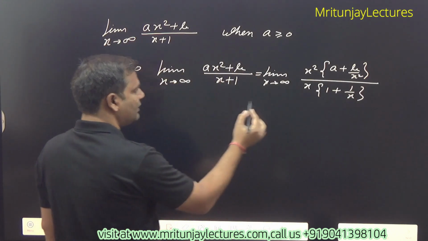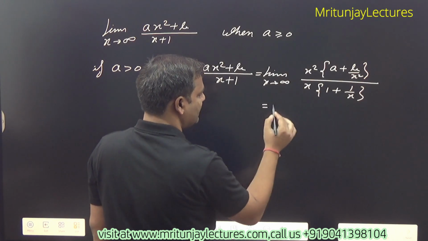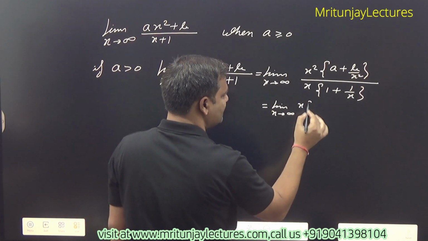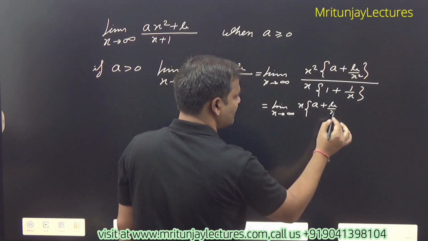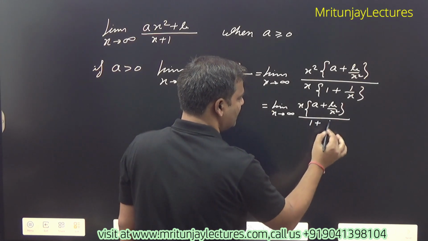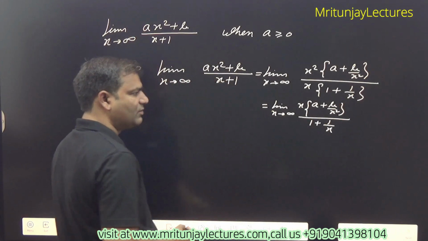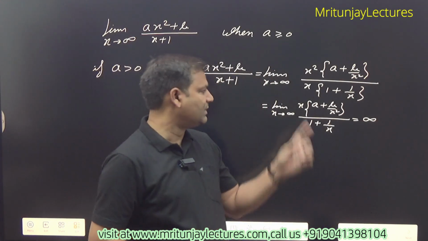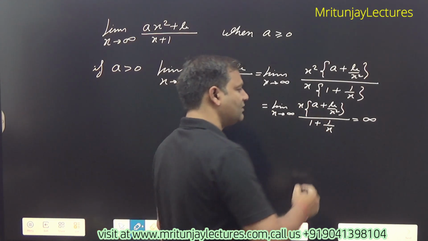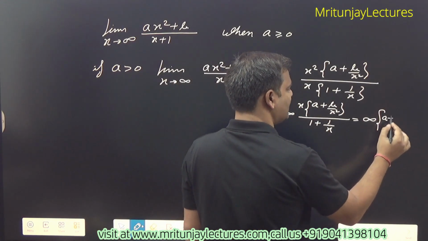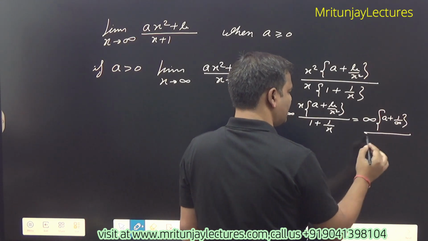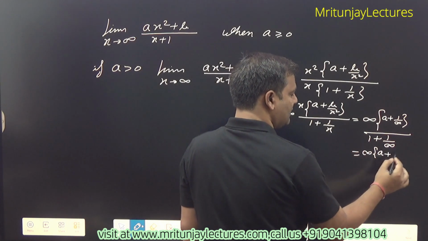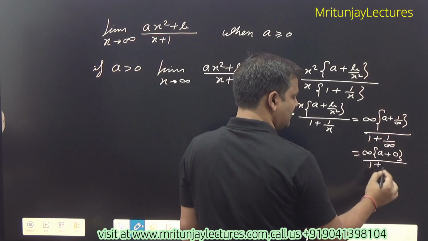So we write limit x tends to infinity, x into a plus b by x square, whole divided by 1 plus 1 upon x. Now put x equal to infinity, then we get infinity into a plus b by infinity, divided by 1 plus 1 by infinity.